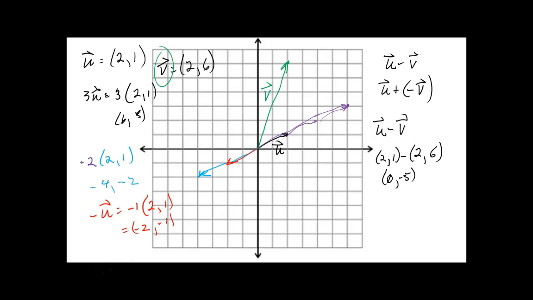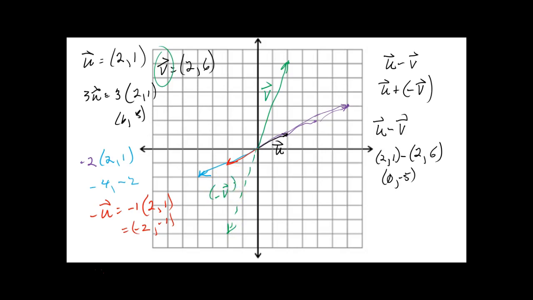And if you're subtracting v from u, that is taking u and adding the negative of v. Well, the negative of v would be down here. This is negative v.